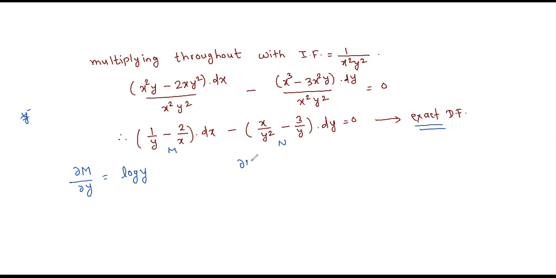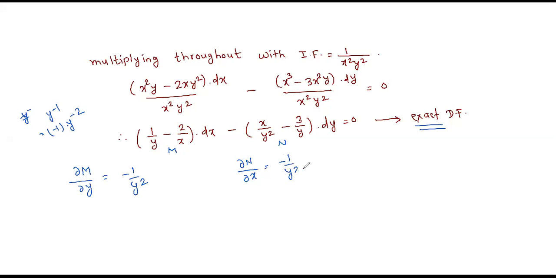Then what is del n upon del x? See, you have to take the derivative. y to the power minus 1. What is the derivative? Minus 1 into y to the power minus 2. So it will be minus 1 upon y square. Del n by del x, what you will get?